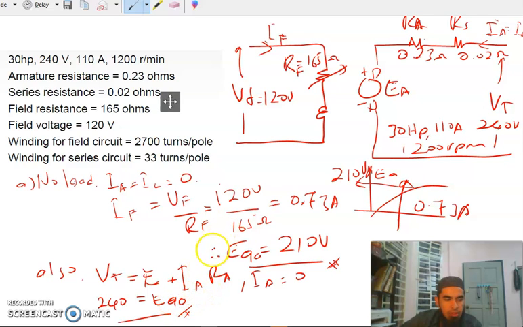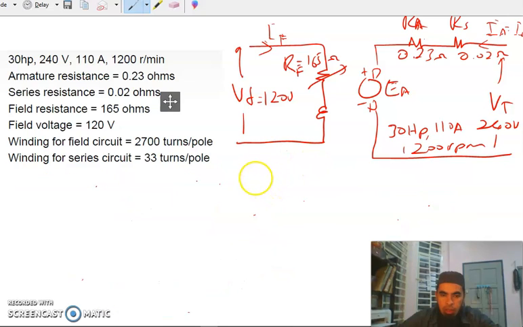This is the second parameter. This is EA at no load, EA of no load condition. Okay.